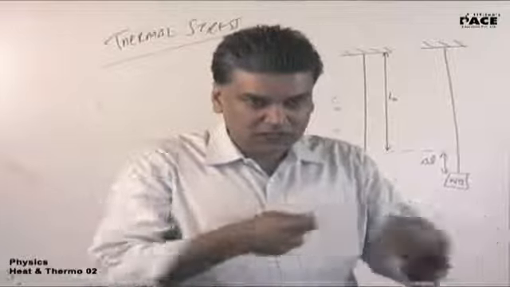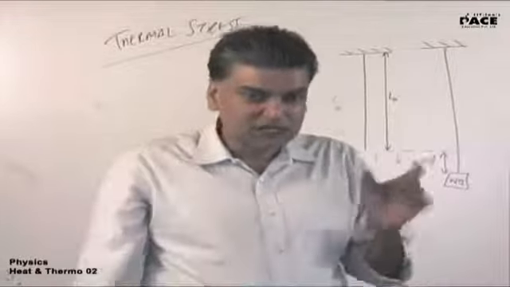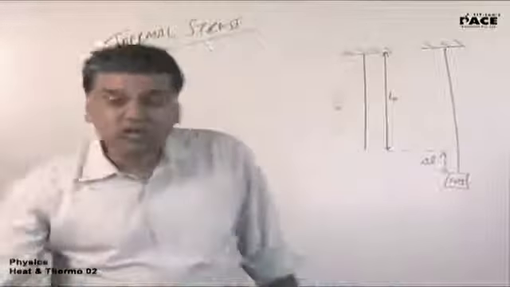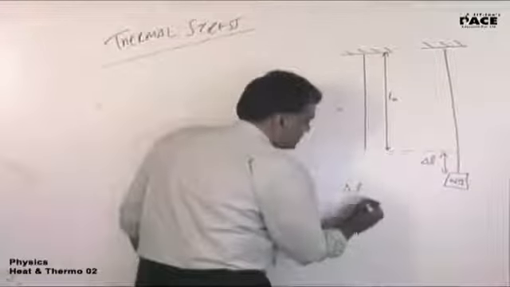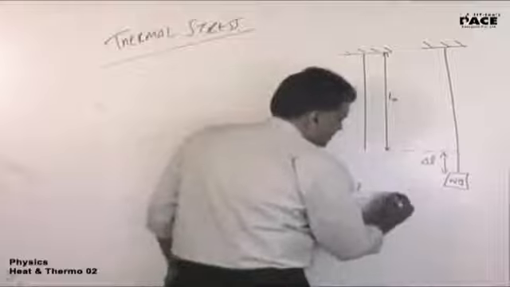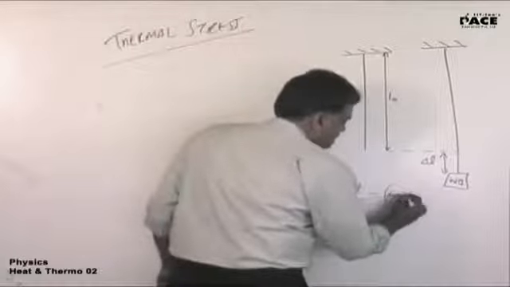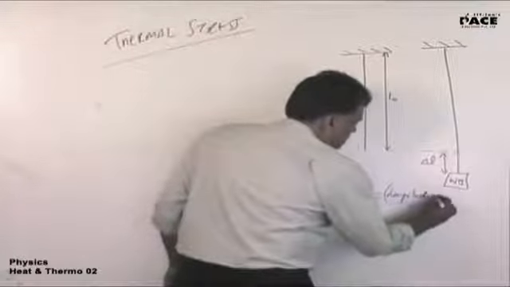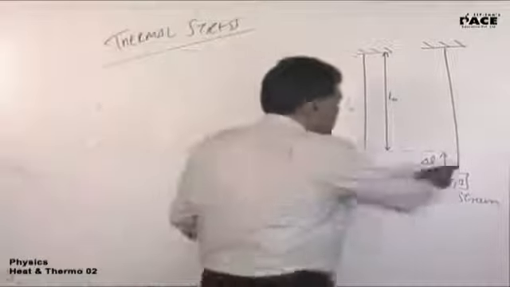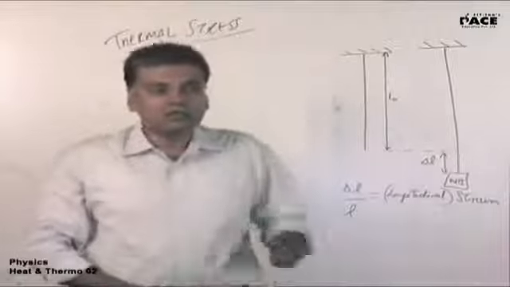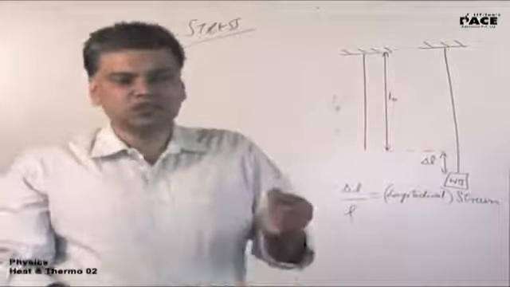It's an elastic band, so there is a tremendous change in length there. The change in length per original length is called strain. Delta L by L is strain, or to be precise, longitudinal strain. Now, if you remove the weights, this wire will snap back to its original position.